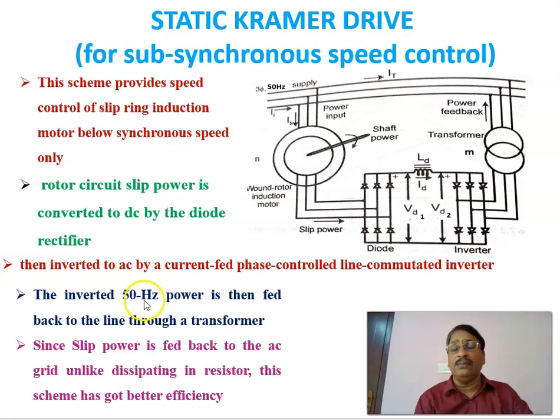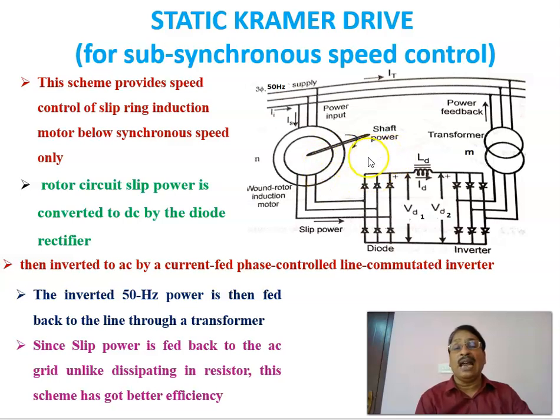The inverted 50 Hz power is then fed back into the line through a transformer. Since the slip power is fed back to the AC grid, unlike dissipating in the resistance, this scheme has better efficiency. This slip power recovery scheme has better efficiency compared to rotor resistance control.